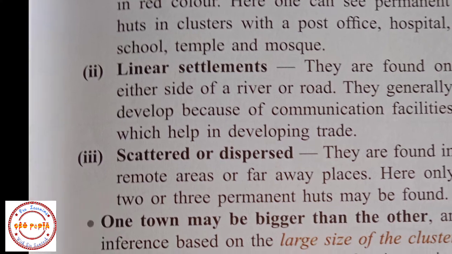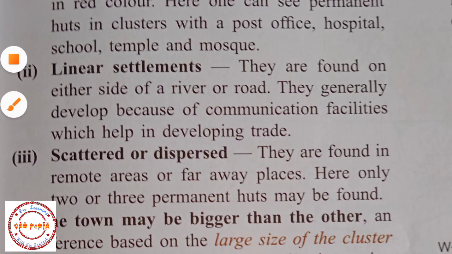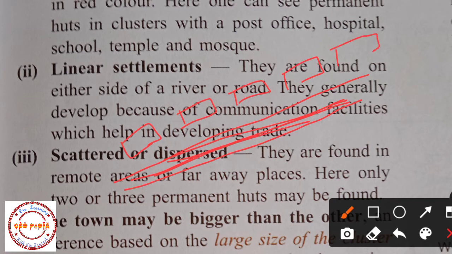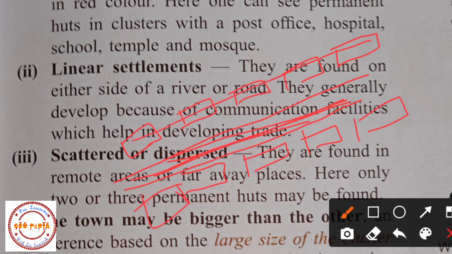Suppose here we have one road going. On both sides of the road you can see buildings or houses or huts made in this way, on both sides. So this kind of settlement is known as linear settlement, because they are in line, following this road.